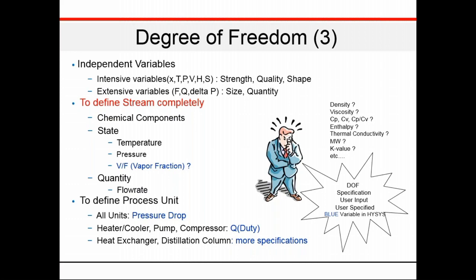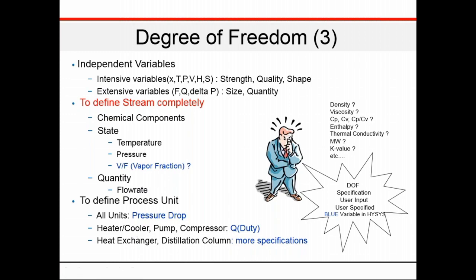Pressure drop usually occurs as flow is increasing, and that is what brings about delta P. Usually you see a triangle and P in front, so delta P. Then we have the heater and cooler, the heating and cooling system, and the pumps and compressors.